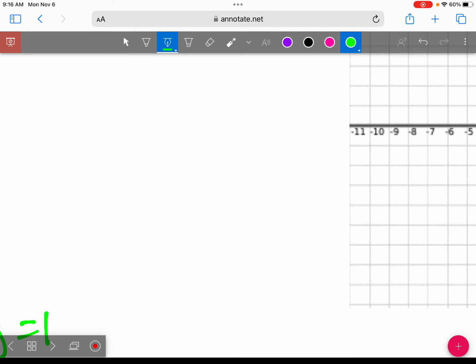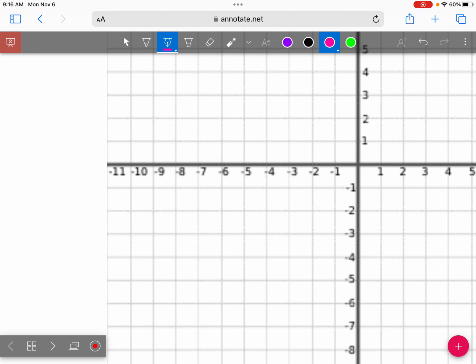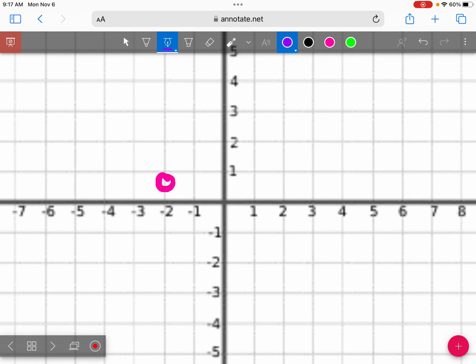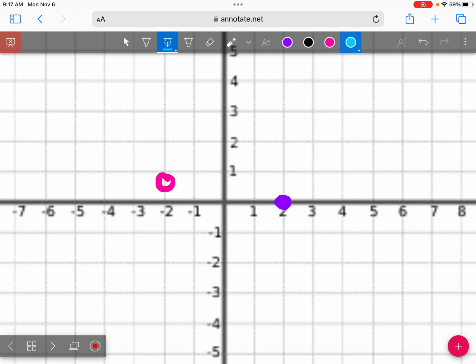So we're going to plot all the information we have. We'll get all our pieces up here. So negative 2, positive 2/3 has a hole. So make sure you put that as an open circle. We have an x-intercept at 2, 0. We have a y-intercept at 0, 1/2.